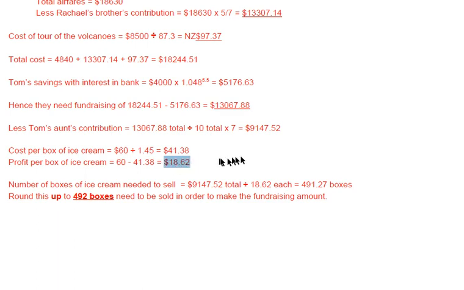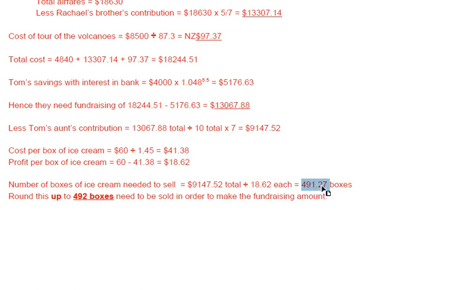So we need to have that for every single box of ice cream. We're going to get that amount of profit, and we've got this amount that they need to save up. We simply divide the two of them. That much divided by how much profit we get from each of them to work out how many boxes we need. And it works out to be 191.27.